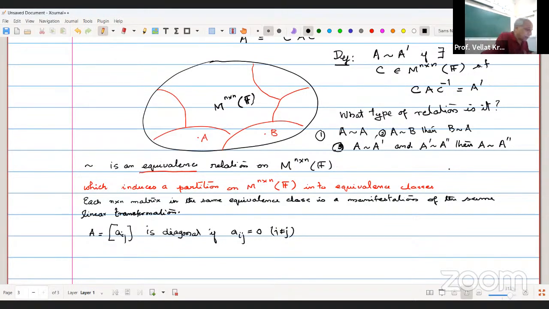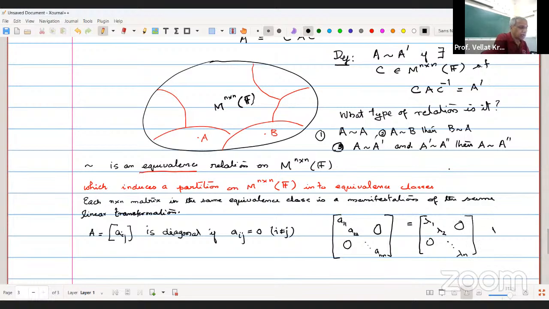So the matrix takes a form something like this: A11, A22, ANN, or we can rewrite this in the form where lambda i equals Aii.